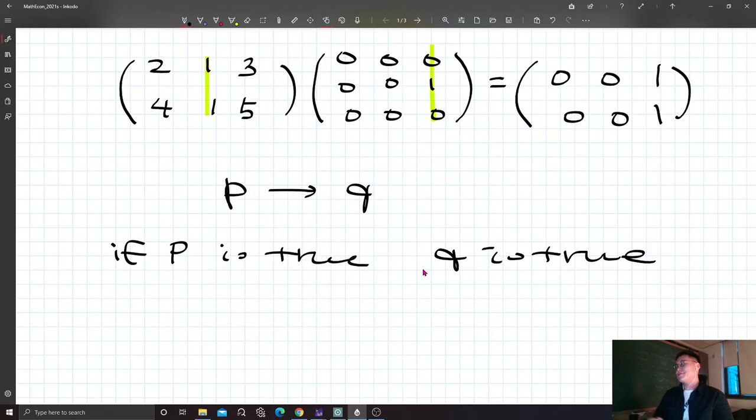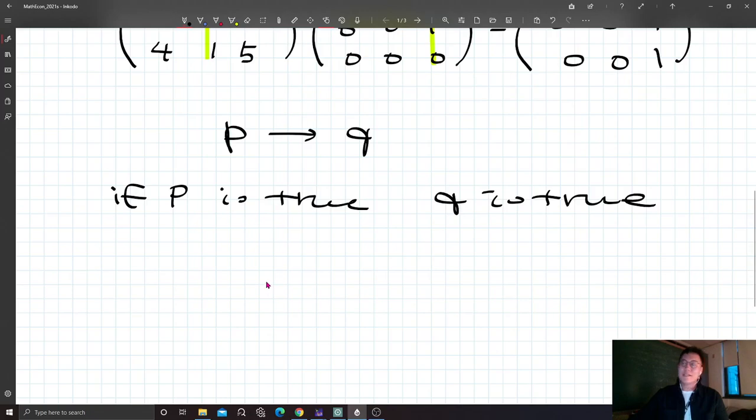One example is: if it snows a lot, then school will be canceled, right? Heavy snow is a sufficient condition for shutdown of school. But that is not a necessary condition. School might be shut down for some other reasons. And one example of a necessary condition is: event Q is true only if P is true.